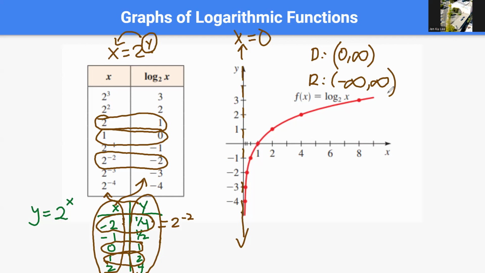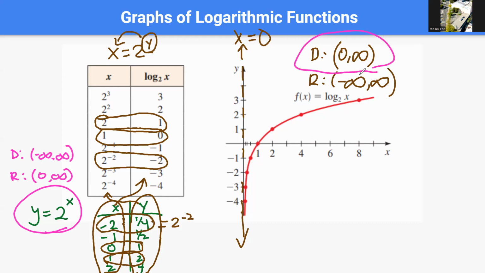Meaning in terms of the exponential function, your domain was all real numbers, or negative infinity to positive infinity, and your range was 0 to infinity. They just flipped as well. So your range here became your domain, and your domain here became your range. It's all about the flipping. The x and y's flip, domain and range flip.